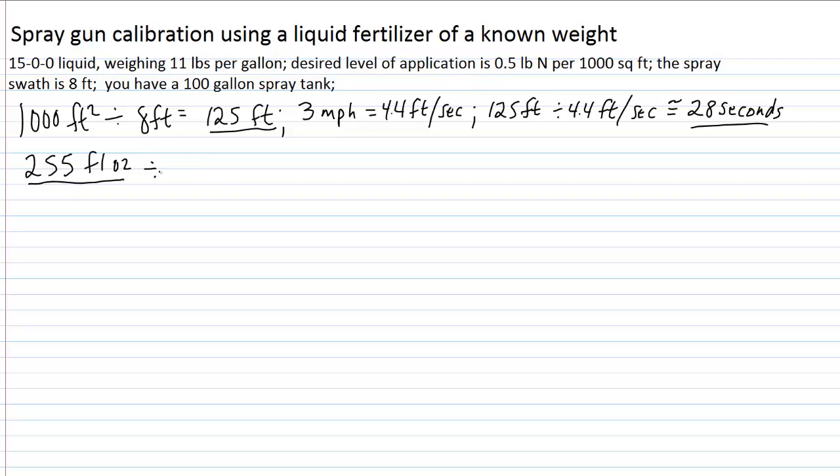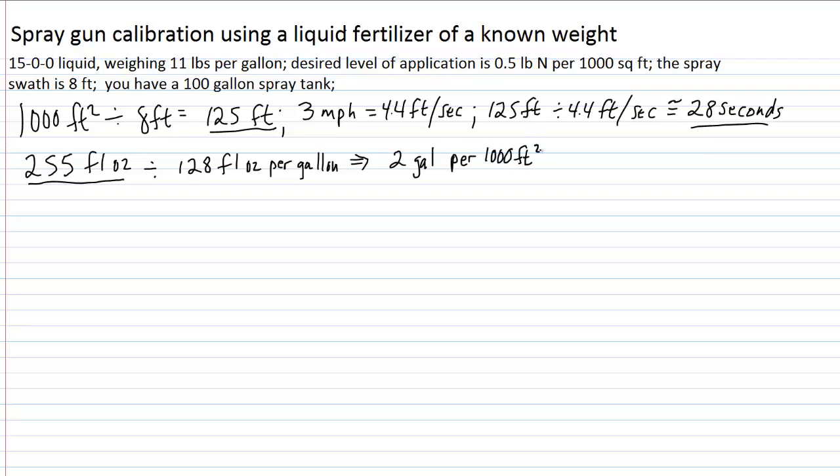Let's convert this to how many gallons this would be per 1,000 square feet, and remember there are 128 fluid ounces per gallon. So if we take 255 divided by 128, the answer is it's right on 2. It's 1.99. I'm just going to round it up and say that is a delivery of 2 gallons of spray volume per 1,000 square feet.